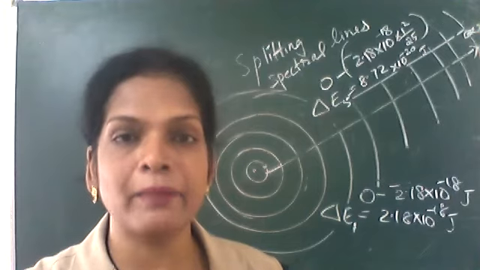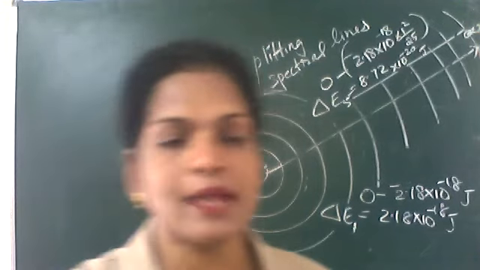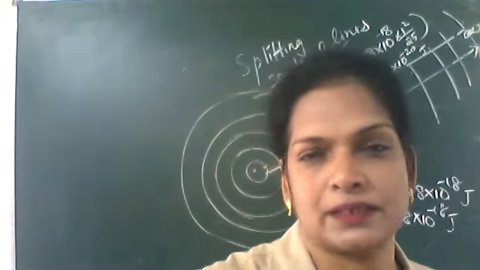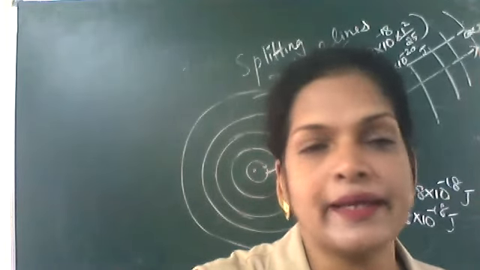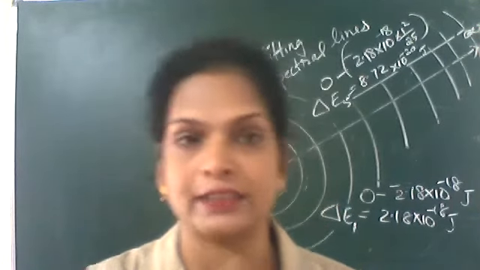When you apply a magnetic field, each line is getting split. He could not explain why it is happening. So he could not explain splitting of spectral lines in magnetic field.